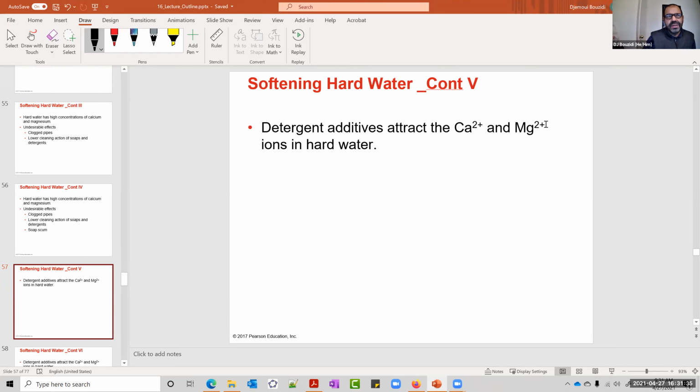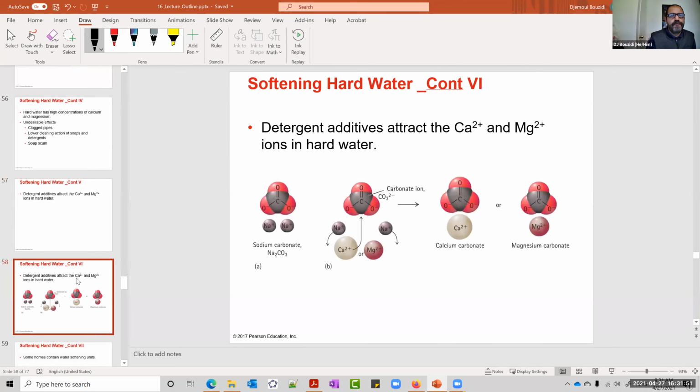In some places they actually pump this detergent into the pipes, into the water, especially for the shower and other places, so that it stays unclogged and works fine.